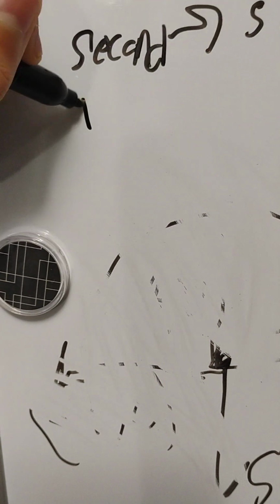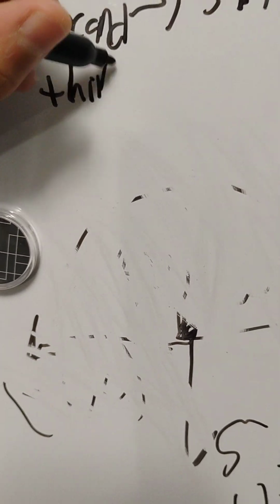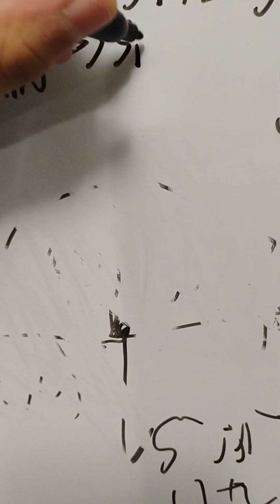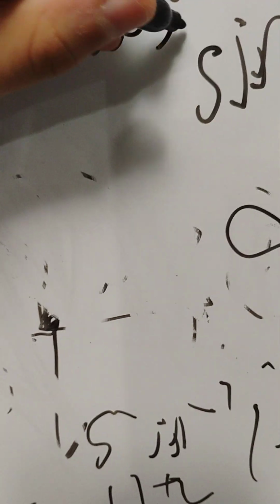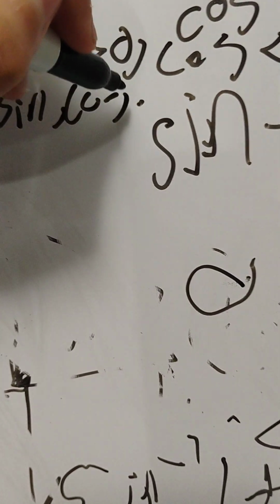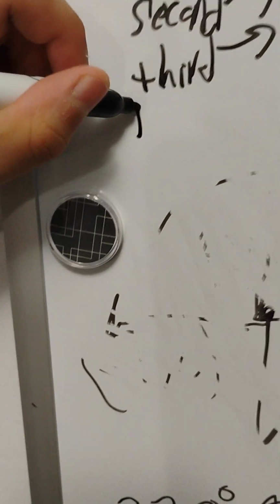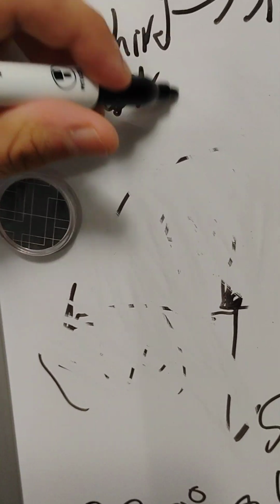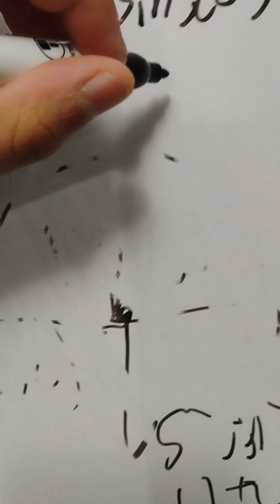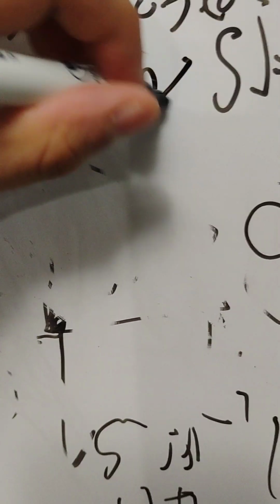And in the third quadrant, sine and cosine are both less than 0, meaning they are negative. In the fourth quadrant, sine is less than 0 and cosine is greater than 0. So there you have it.